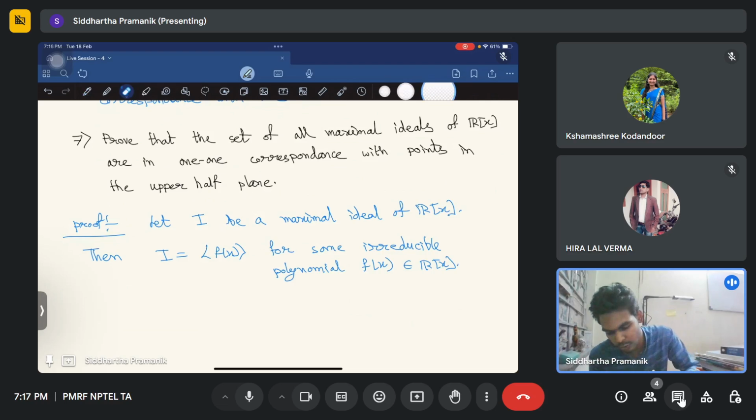So our task is to describe the irreducible polynomials of R[x].